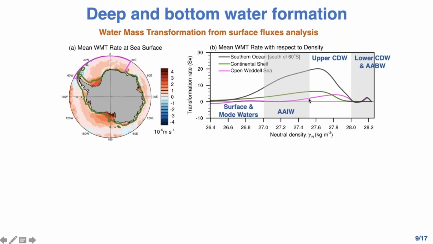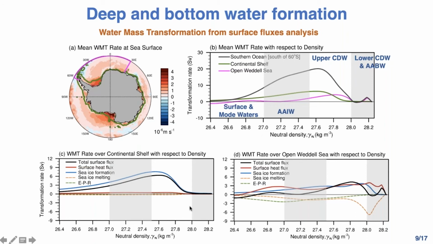So what you see is that the densest water masses that form at 28.2 density mostly happen in the open ocean polynyas, not in the coastal polynyas. And this is different from observations.